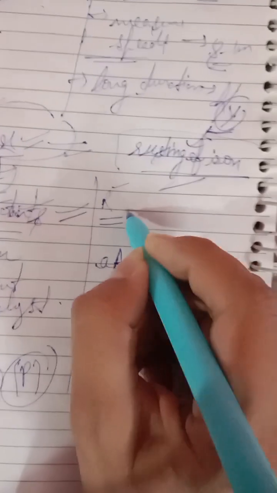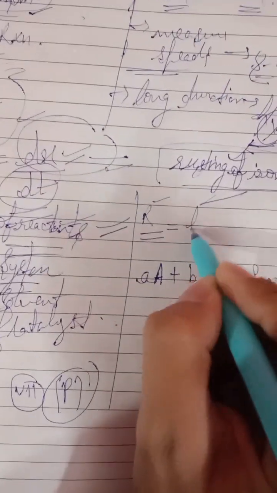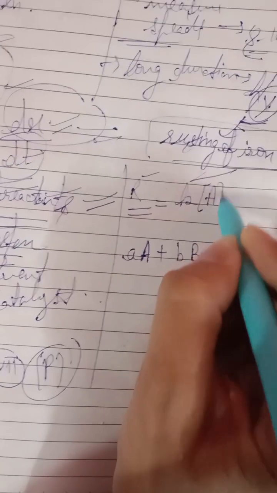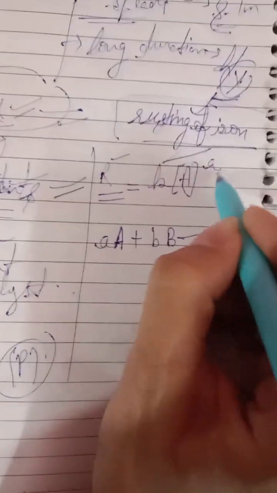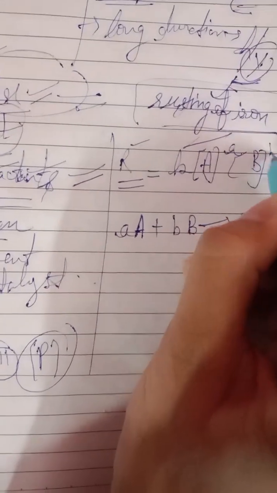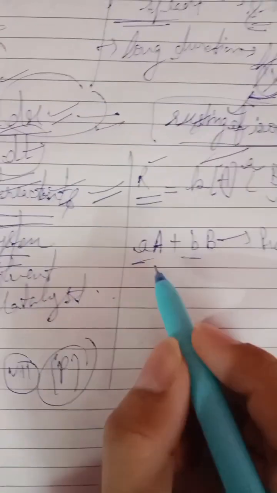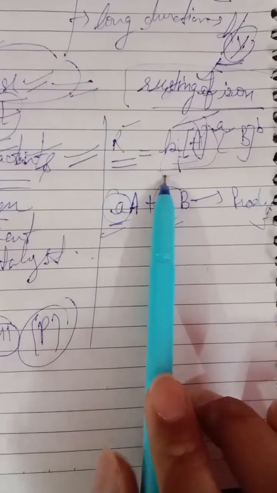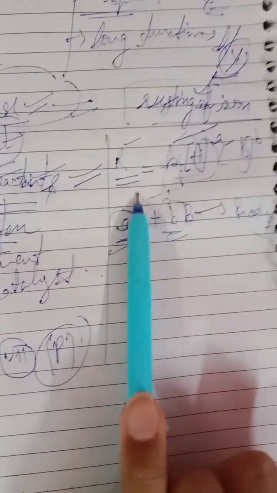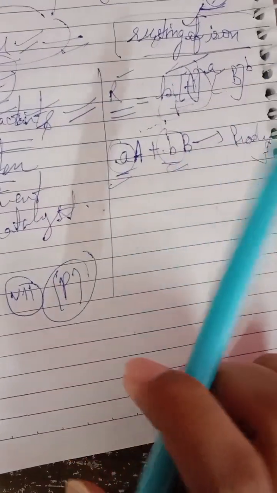So, according to the rate law, its rate of reaction can be expressed as K into the concentration of A raised to the power small a into concentration of B raised to the power small b, that is the stoichiometric coefficients of the reactants raised to their respective concentration. And here K is the specific reaction rate, also known as the rate constant.